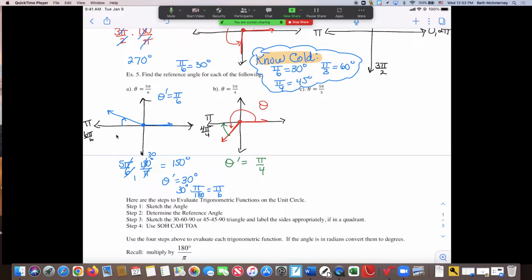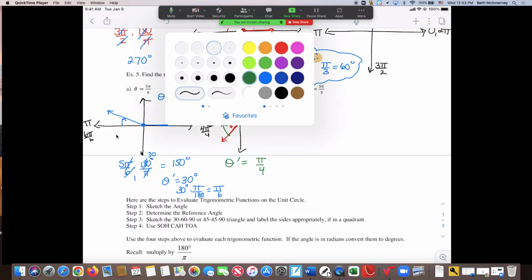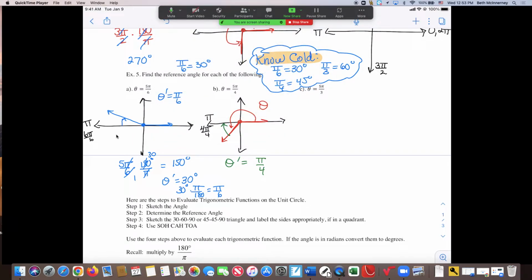Okay, let's try another one and see if we can't clarify it, and then we'll circle back. So I have theta is 5 pi over 3. Okay, so if this is pi, this is 3 pi over 3. Now, do you know how much is pi over 3? That's 60 degrees, right?